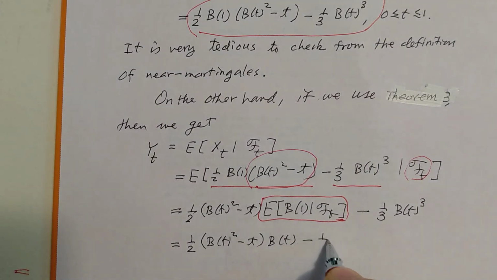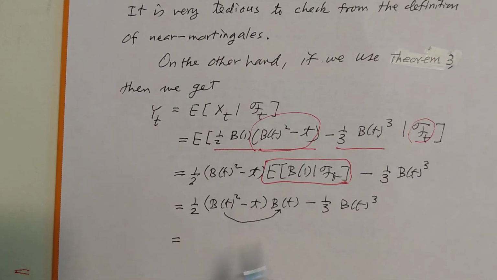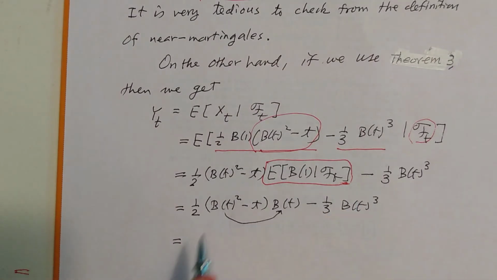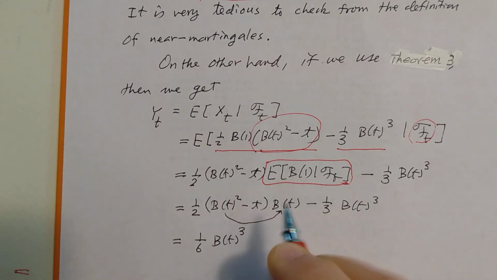And then minus 1/3 of B_t cubed. Now here B_t squared times B_t, we have one B_t cubed, and the coefficient is 1/2. 1/2 minus 1/3 is 1/6 of B_t cubed.